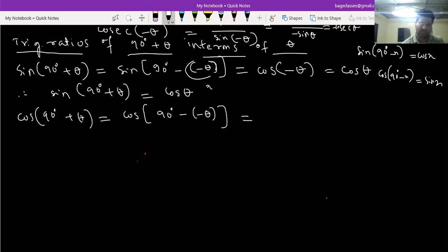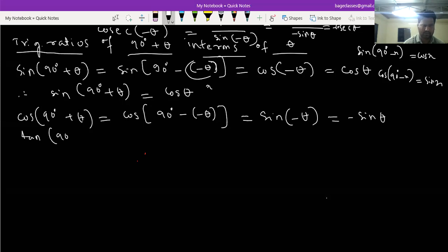Now it is sin of minus theta. Hence, it is equal to minus sin theta. You know, sin of minus theta is equal to minus sin theta. Then what we got now: cos of 90 plus theta is equal to minus sin theta.